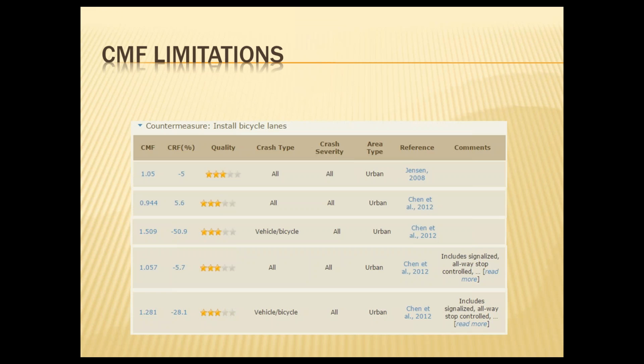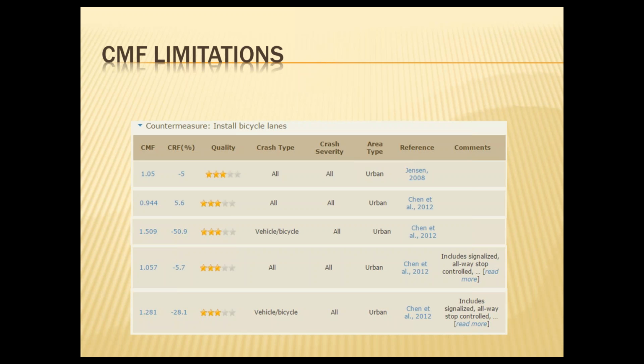and it's a website where you can look at thousands of crash modification factors, and these are some related to installing bicycle lanes. It came from 2 different studies, one by Jensen and one by Chen. In the study by Jensen, he found a crash modification factor of 1.05, so the prediction was that by adding a bike lane, you were increasing all types of crashes by 5%.